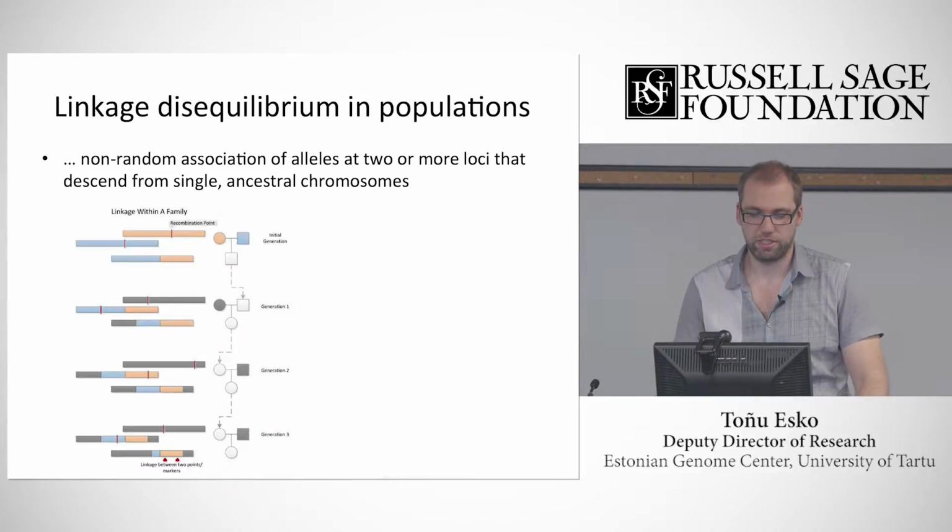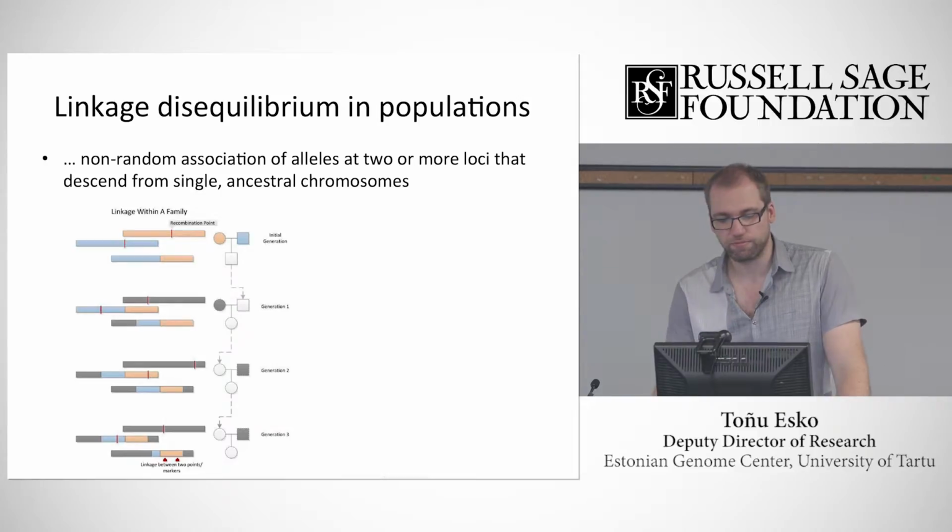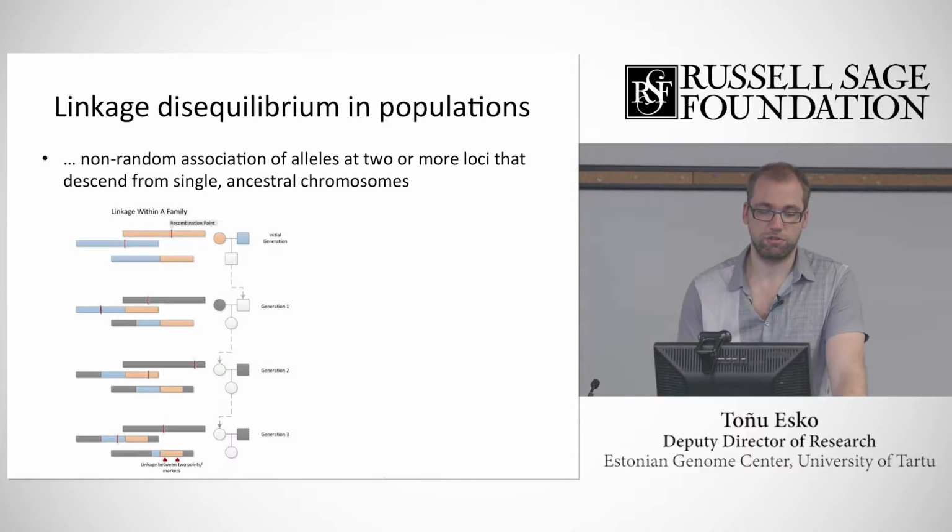In the next generation yet another new chromosome gets introduced, another crossing over happens, and so on and so forth. So over these 3 generations, from the 2 original ancestral chromosomes in the family, only 2 small chunks are left.